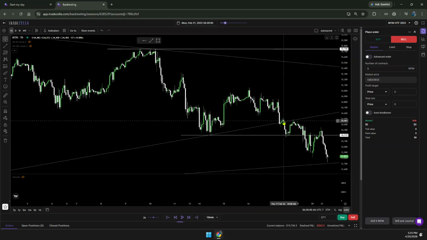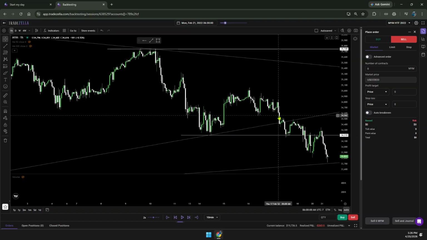It even came back and retested this trend line, and then broke again, hit the support resistance level. This is a key level from the daily chart, and then continued down, and it hit my take profit right about here. So that was me knowing exactly what I want, and I got what I wanted.